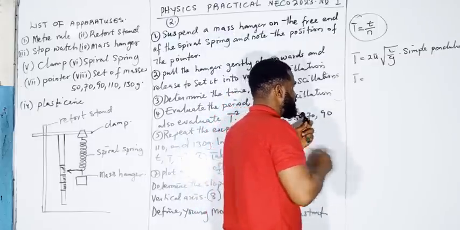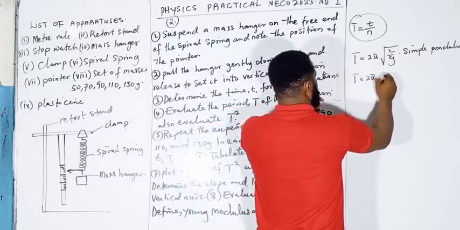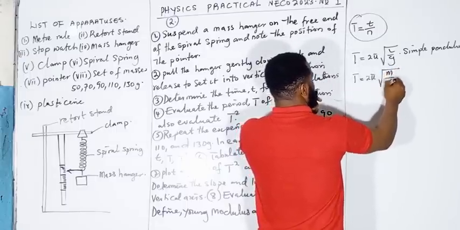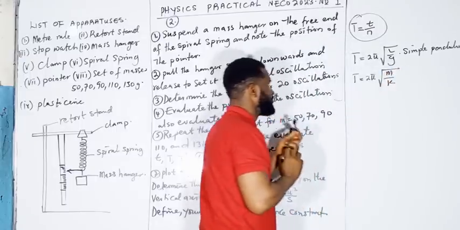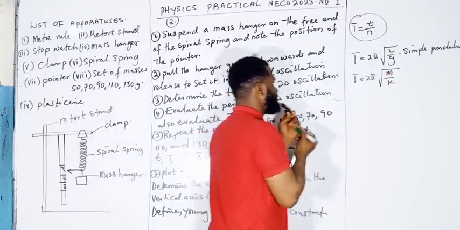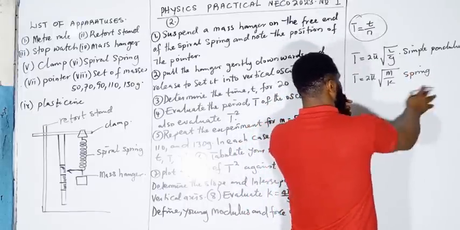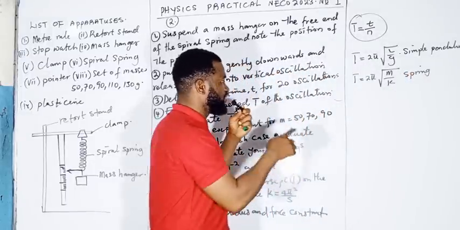Then another one is T equals 2 pi root of m over k. All right, this is another formula. This formula is for the spring, which we are doing here. You also have a proof for this already.